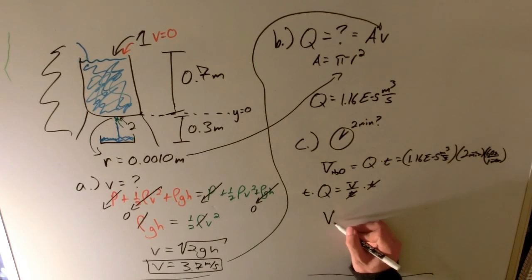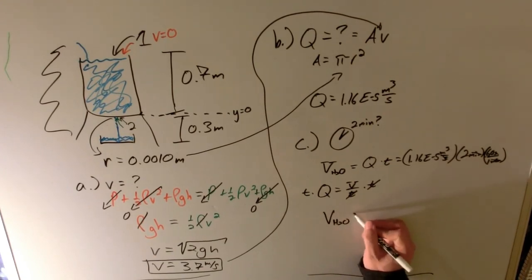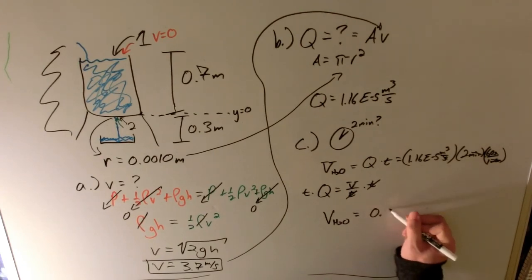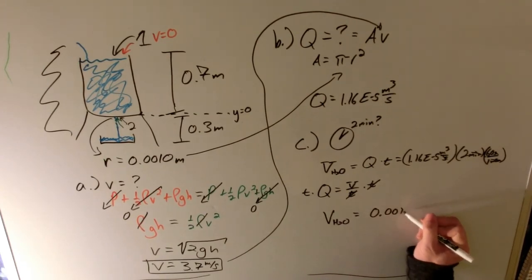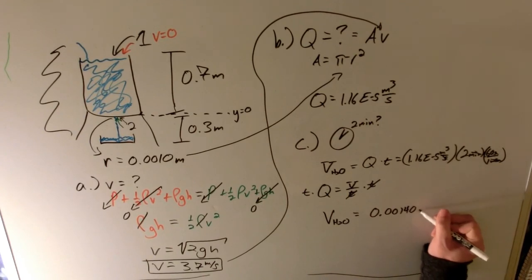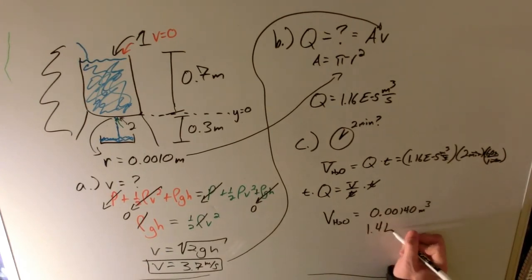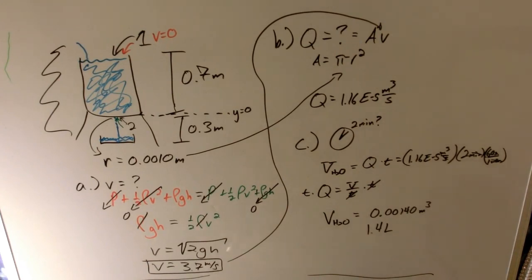So I have a volume of water in that dish. And solving for that, I find that it is 0.0140 cubic meters, which comes up to, off the top of my head, something like 1.4 liters. So, that's not a small amount of water.